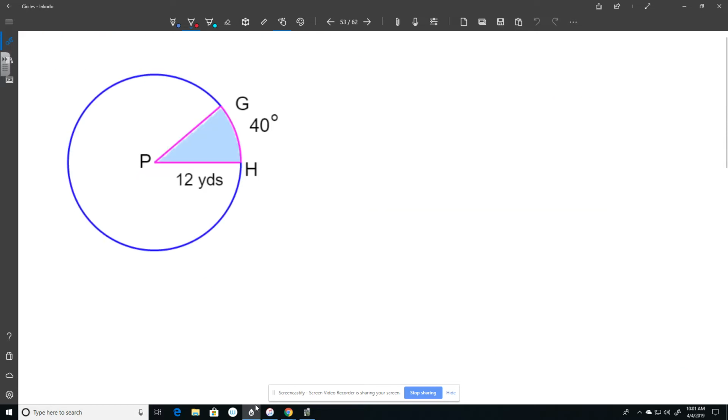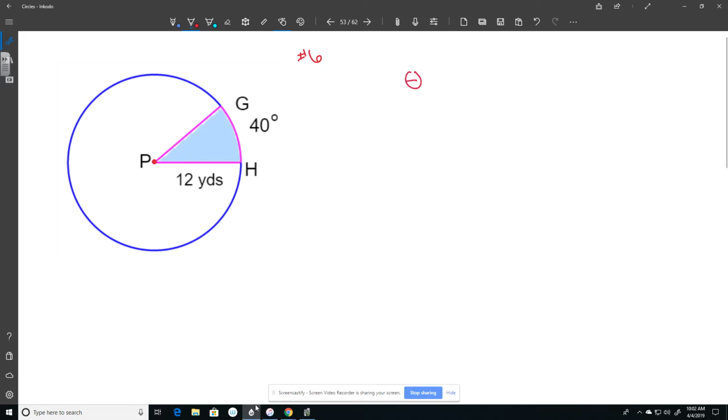Okay, number 6. Same idea, but instead of finding the part of the circumference of the circle, it wants us to find not the entire area, but just part of the area of the circle. So here's my center, and the formula for part of the area is a lot the same as our circumference one. We're going to take the part of the circle that we have.